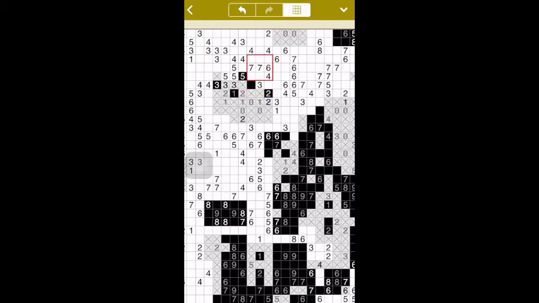Now looking at the 7, since I could only have 1 black space in this row, the remaining 6 spaces have to become black spaces. 1, 2, 3, right? So I found 3 black spaces for the number 3 here.